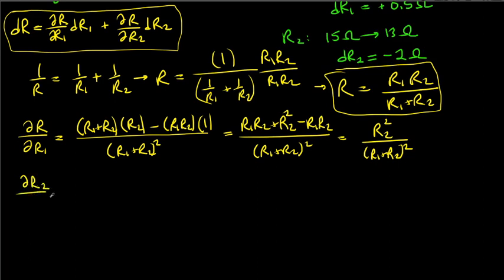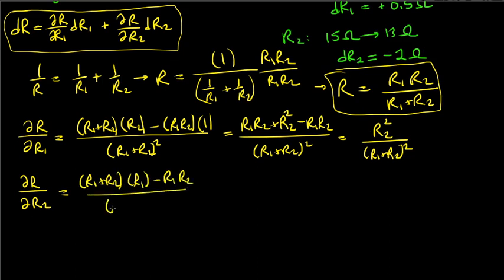And then the partial of R with respect to R2. I think you can see the symmetry here. You're just going to get the same thing, but R1 squared. If you don't believe me, let's work it out. (R1 plus R2) times R1 minus R1 R2 times 1, all over (R1 plus R2) squared.